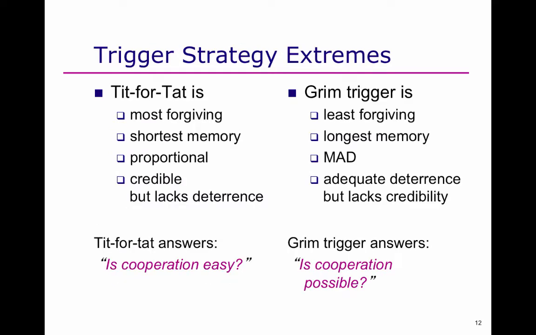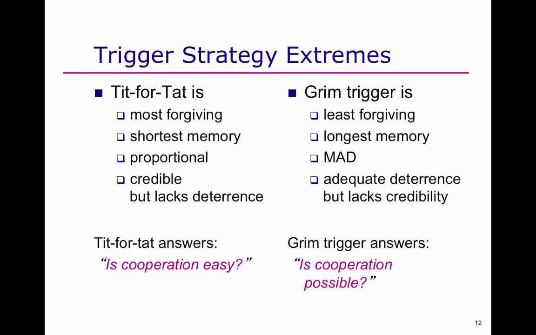The tit for tat strategy is characterized as being forgiving. It has a very, very short memory. I don't look back beyond just simply the last period. It's proportional also. I react and I punish based upon the kind of deviation that takes place. It's also credible, but it lacks some deterrence capabilities. The Grim trigger is the least forgiving. It has a very long memory. Right?